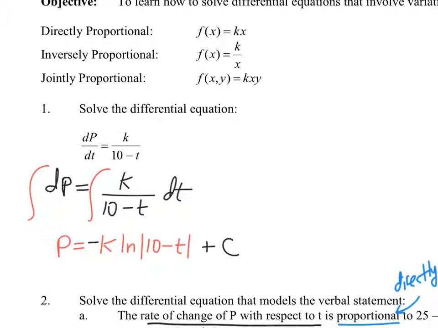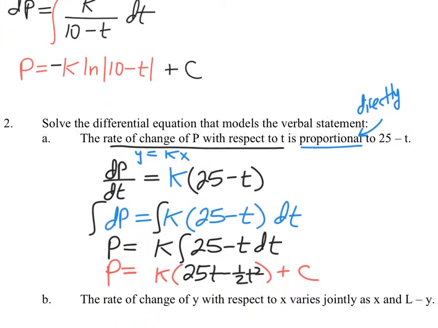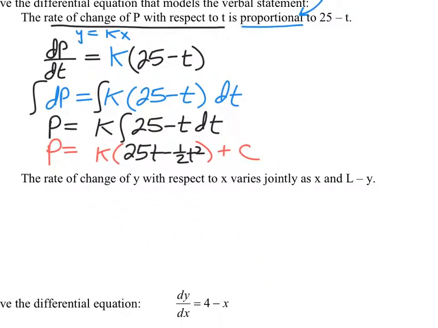So you could say, in your mind anyway, something equals a constant times 2 other variables, or expressions related to two other variables. So y with respect to x, the rate of change, dy dx, varies jointly. So we have a proportionality constant k, x, and L minus y.